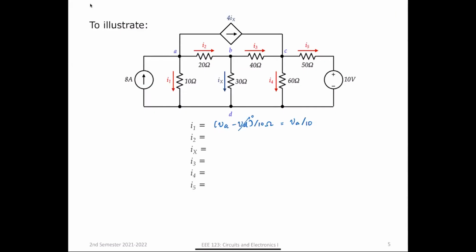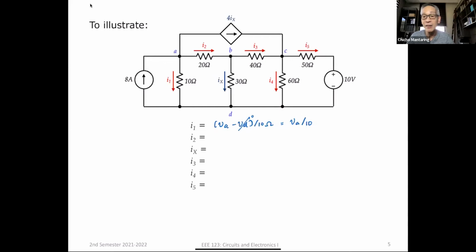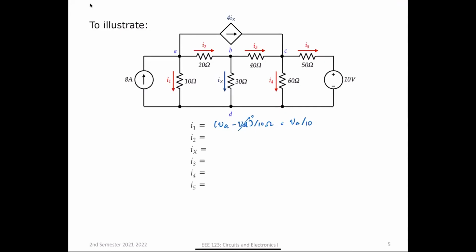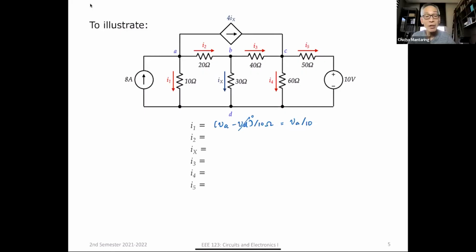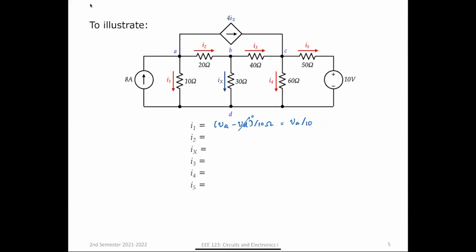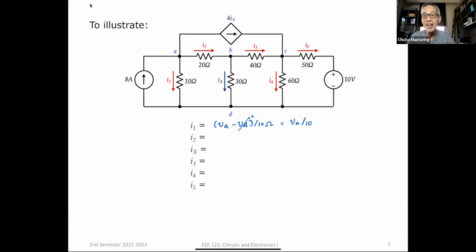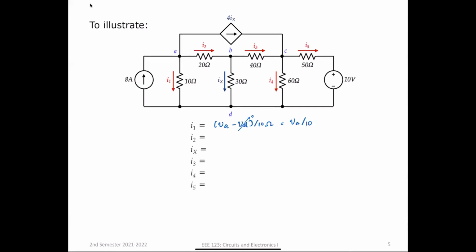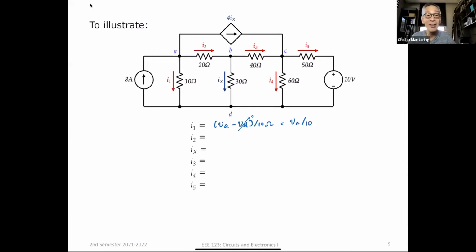Why is it VA minus VB and not VB minus VA? Because the direction of the current implies that the left terminal is of a higher potential than the right terminal.